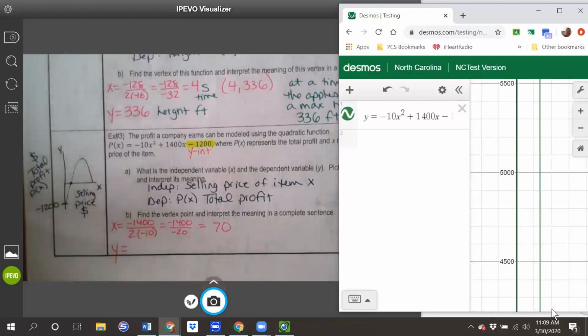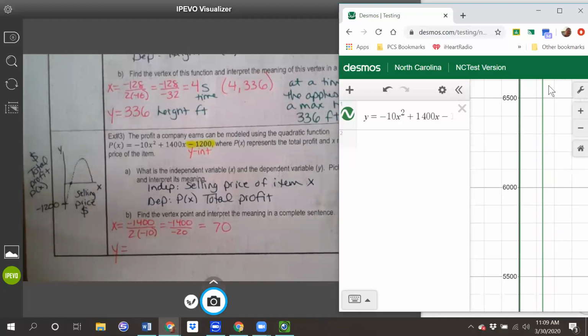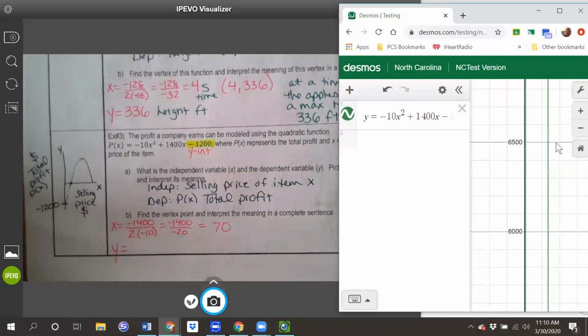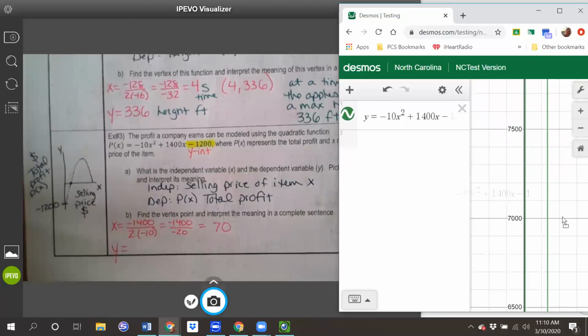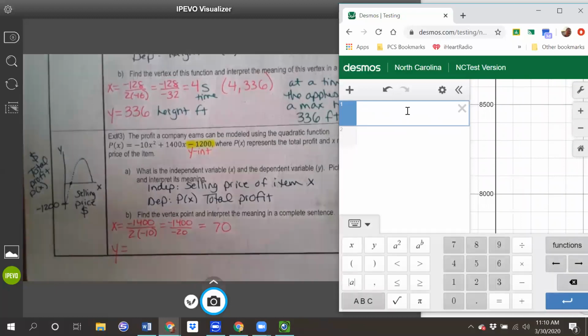Why is it doing this thing where I click on it, but I can't drag? Okay, well, that is super duper annoying. Okay, so I'm over that, and I'm just going to use algebra, I guess.